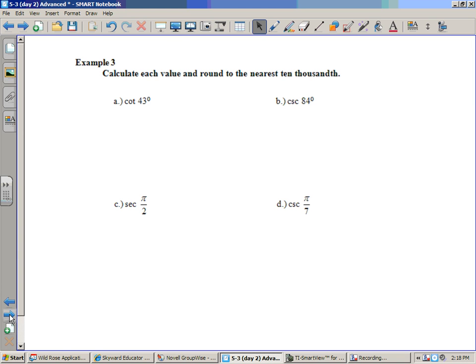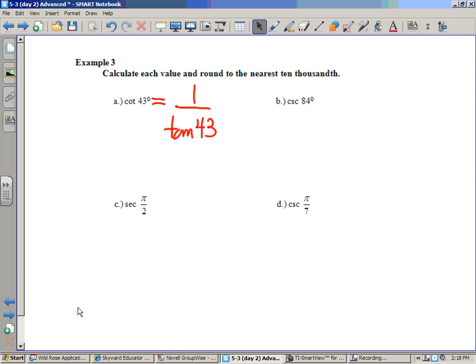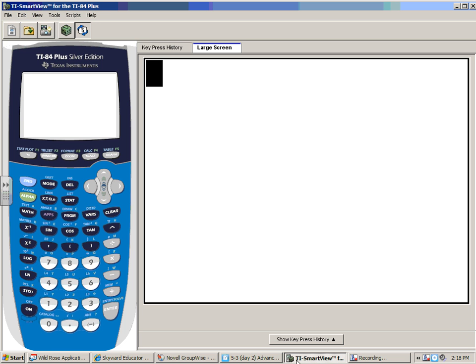So all we have to do is change this to a problem we can do. And so we write 1 over tangent of 43. But of course, what mode should you be in if you're typing in that particular question? Better be in degree mode because the angle is in degrees. Do any of you have those calculators you have to type in backwards? Okay, don't have to worry about it then. So 1 over tangent of 43, making sure you are in degrees.